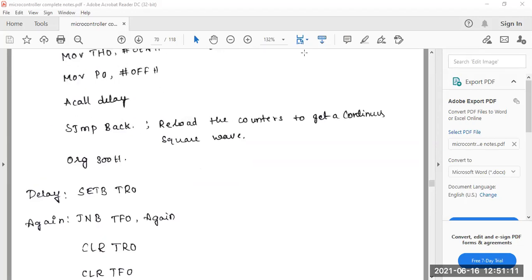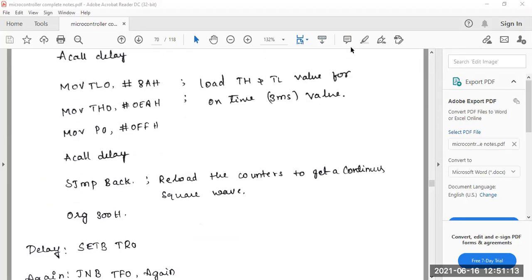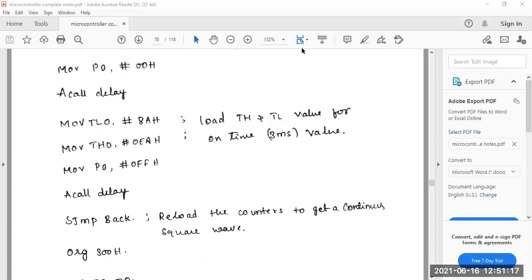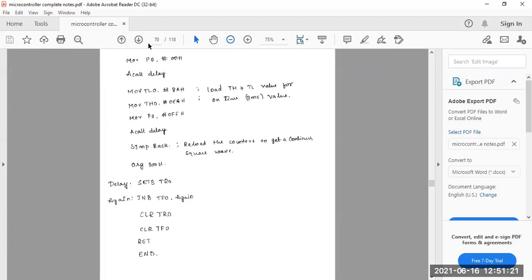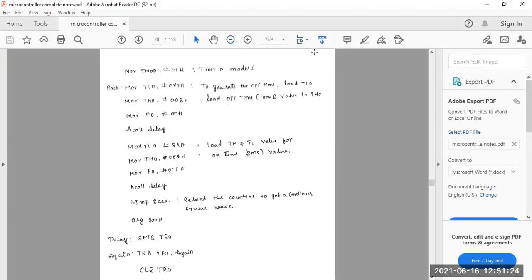If you want to repeat the program, after executing it one time, we can generate one on and off of the square wave.